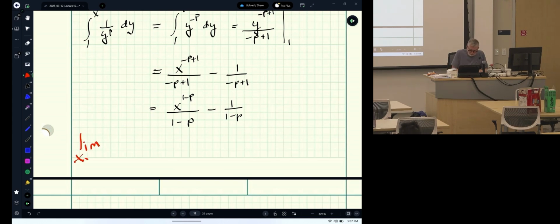Now I want to take the limit as x goes to infinity. We don't care about that constant term too much. So what does this limit equal?